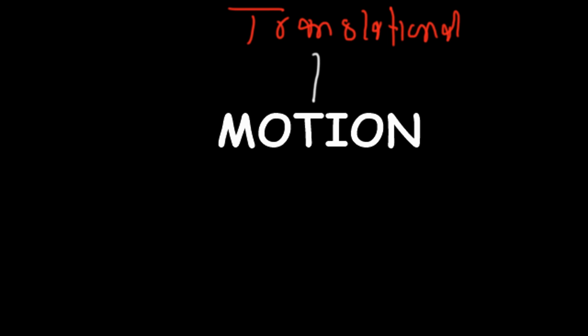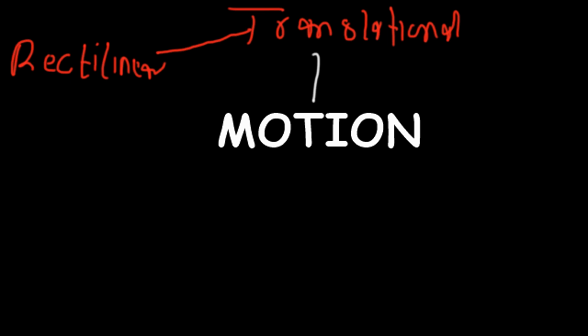As soon as an object keeps moving on a straight line with no change in direction, the object is said to be performing a rectilinear motion. So rectilinear motion is a subtype of translational motion.